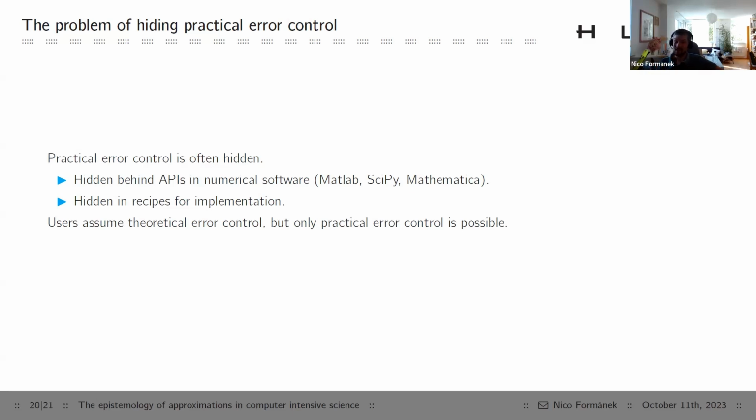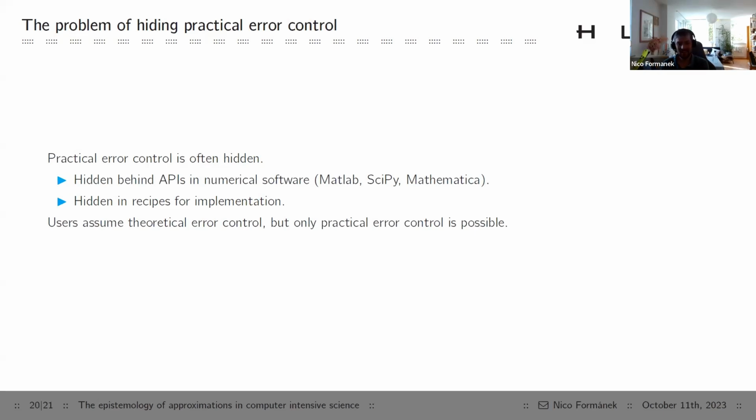And then you just use it. So just using these things is always a bit dangerous, especially if it's hidden behind lots of layers, like in these very abstract, high-level constructs, like numerical Python, where users just assume that there's a kind of theoretical error control, but in truth, only practical error control is happening. So they think if we increase compute, it will get automatically better, but sometimes it doesn't.